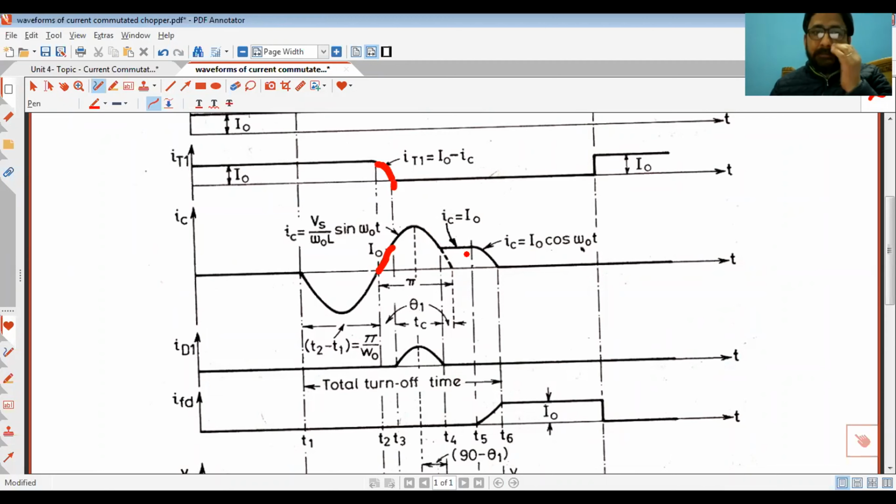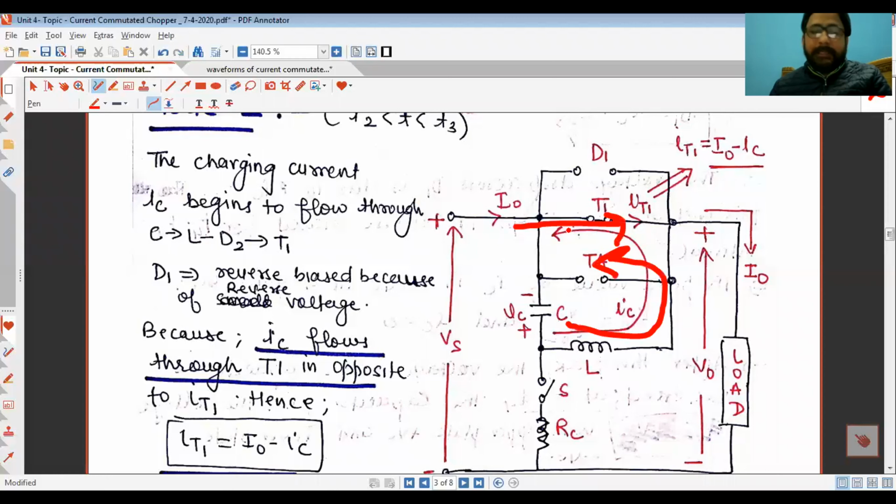So at T3 the main SCR will turn off, because its forward current IT1 has become 0 due to the pulse of current produced by the commutating capacitor.